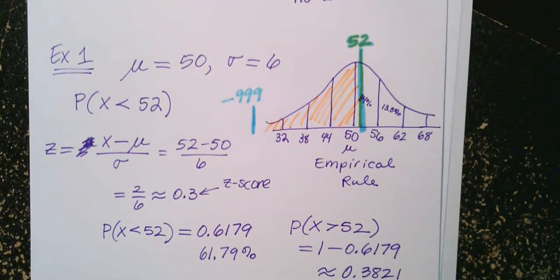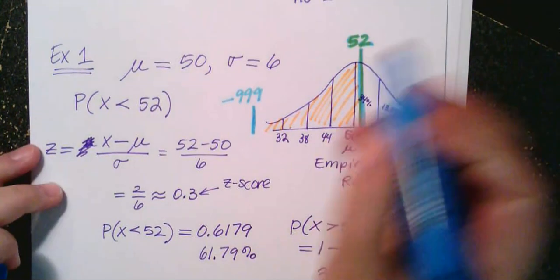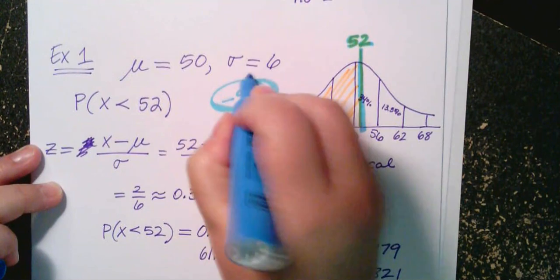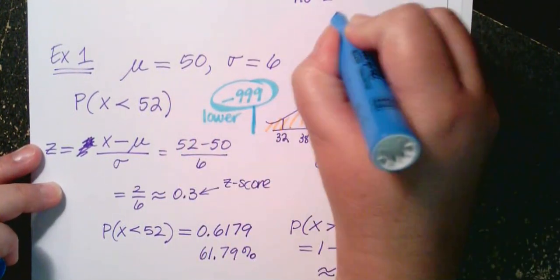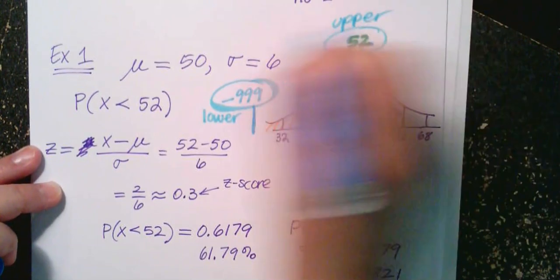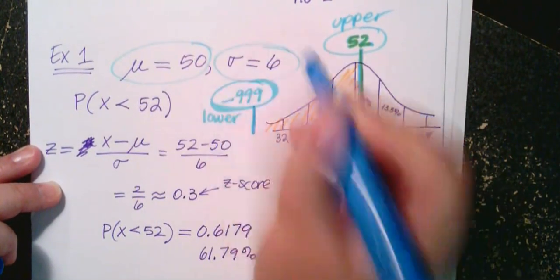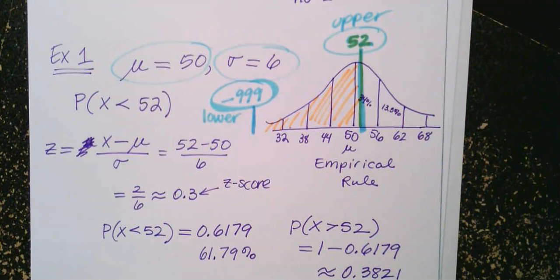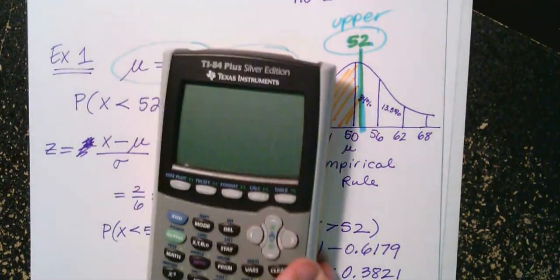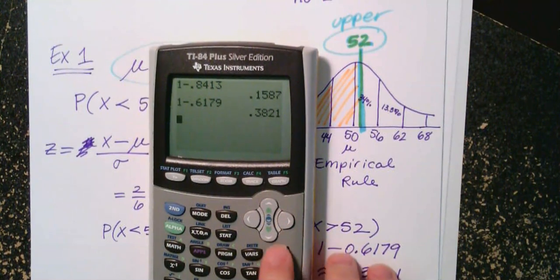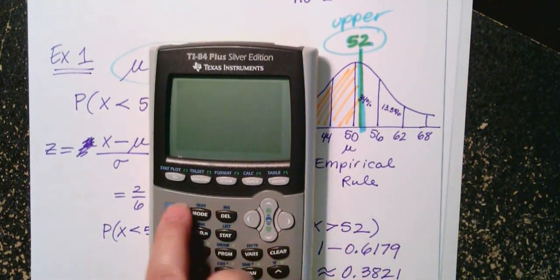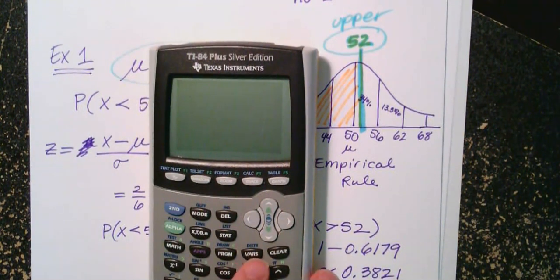So for this, my 4 numbers I need, here's my lower boundary. Here is my upper boundary. And there's mu and sigma. Okay, so when I go to the calculator, and the 83 and the 84 work slightly differently, remember this is a normal distribution.